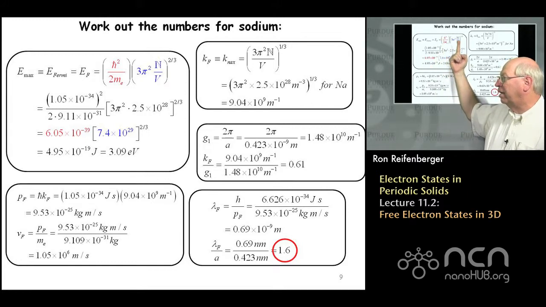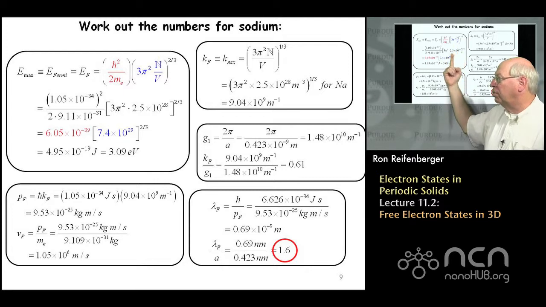We've already calculated the ratio of N over V in last lecture for sodium, so we can just substitute that number in a very straightforward fashion. And what we find is that the maximum energy for these 10 to the 28th electrons per cubic meter in sodium, the maximum energy they can have is 3.09 electron volts.